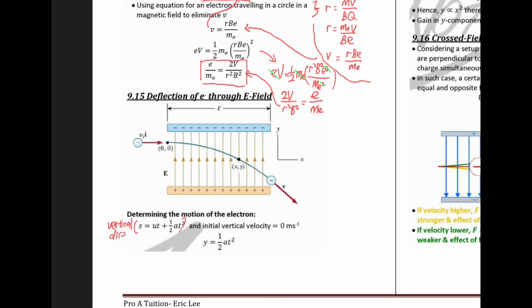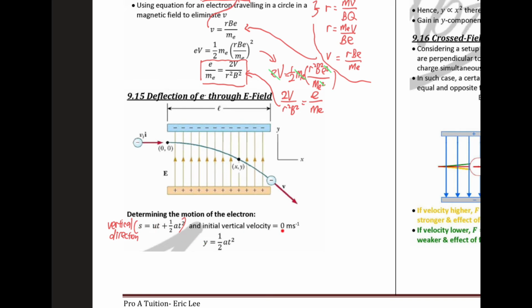The s is how much it moves in the y direction, the vertical direction, so as you can see, they use y to represent the vertical distance. The s here is replaced by y.